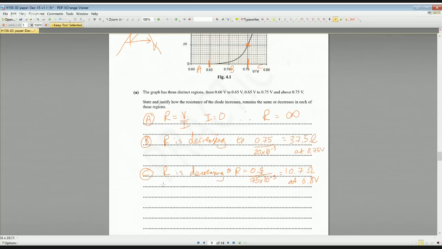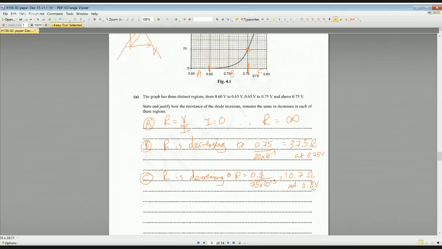So the resistance again is decreasing to 10.7 ohms at 0.8 volts.